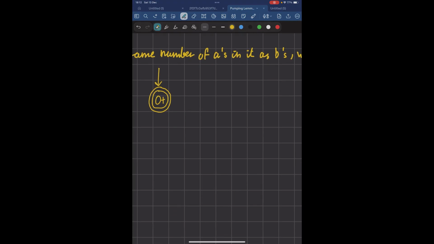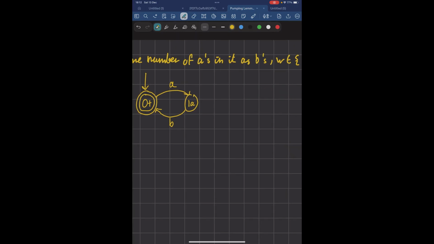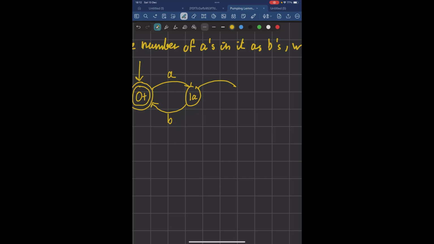Then we need to keep track of when we have more A's than B's. So let's have a state for having one more A than B's. Okay, but we also have to keep track of the case where we have two more A's than B's. But we also might have three more A's than B's, so we need a state for that as well.